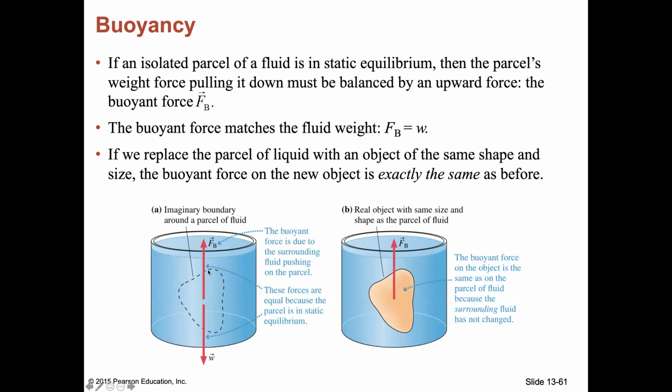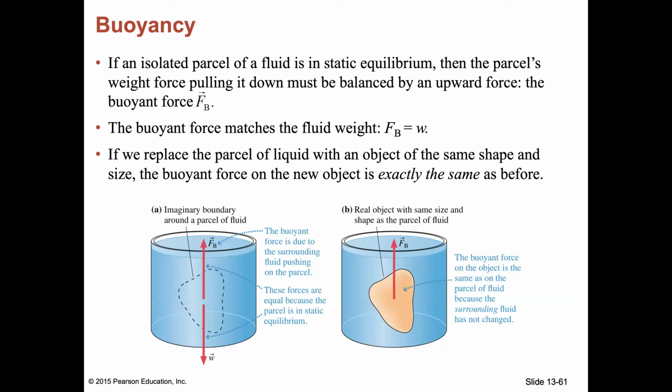So if we consider this part of water, and do the free body diagram, or analyze the forces for this part of water, you will see first there's the weight of this part of water, and then there's a buoyancy force. The weight is going down, the buoyancy force is going up, and this part of water doesn't move. It doesn't go up or go down.